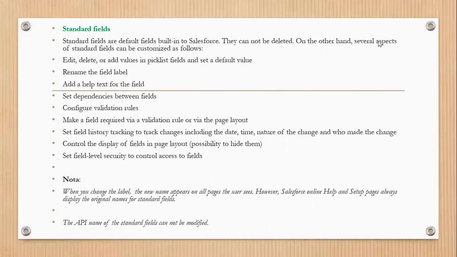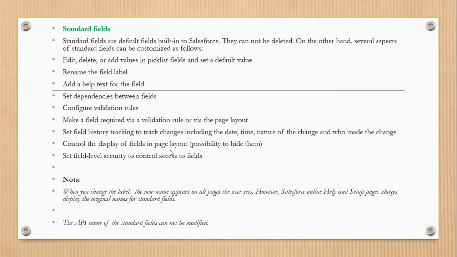On the other hand, several aspects of standard fields can be customized as follows. Edit, delete, or add values of picklist fields and set up the default value. Rename the field label, add help text for the field, set dependencies between the fields, configure validation rules, make a field required, and view the page layout. Set field history tracking to track the changes, including the date, time, and nature of the change and who made the change.